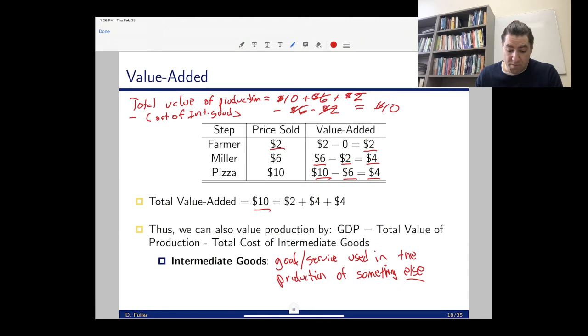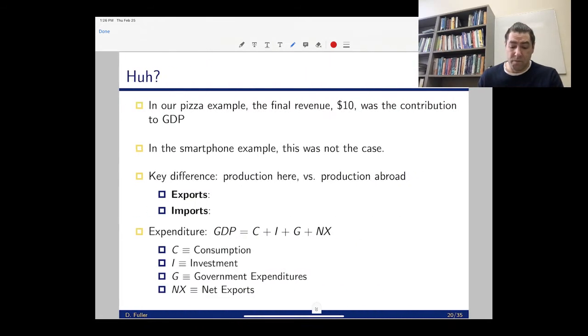So that's similar to my pizza example, where the final good sold was the pizza for $10. In the pizza example, we found that the contribution to GDP of the pizza was $10, right? You could get that either by looking at the final good that we sold or by doing value added. They both gave you $10.